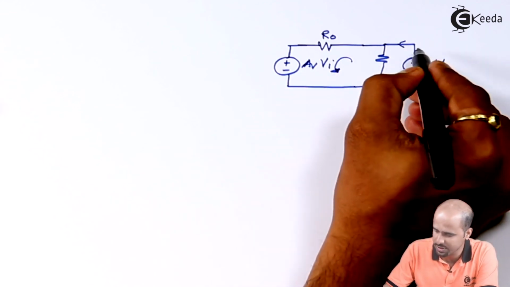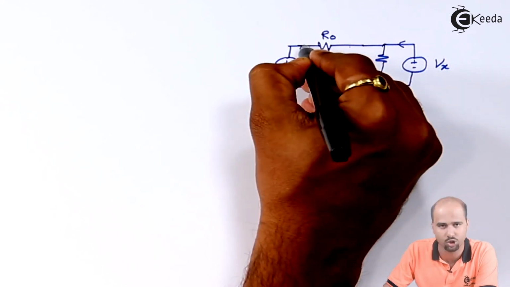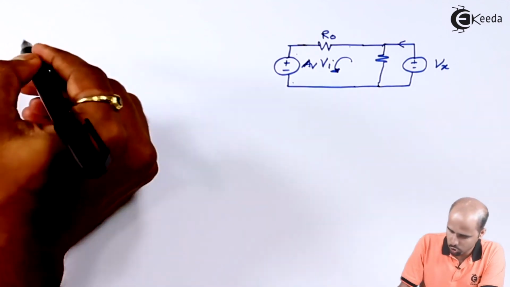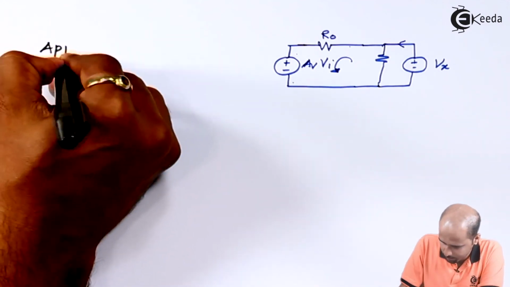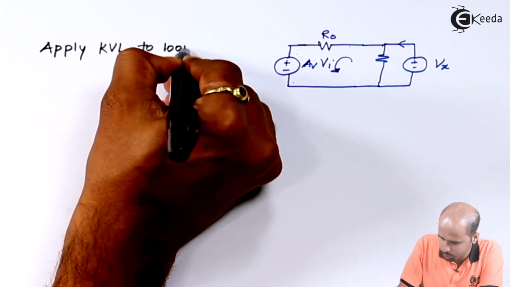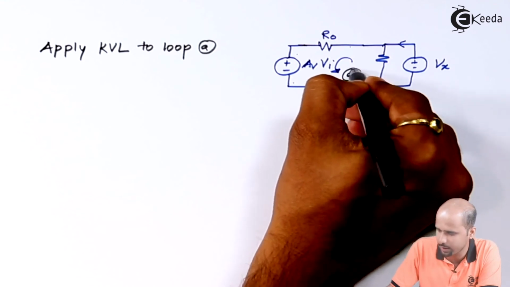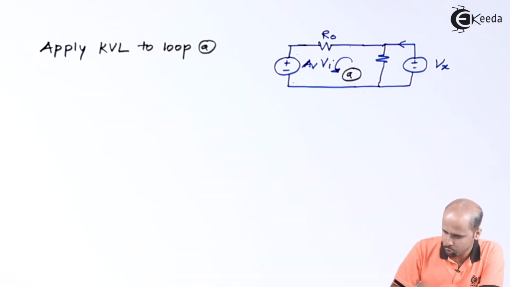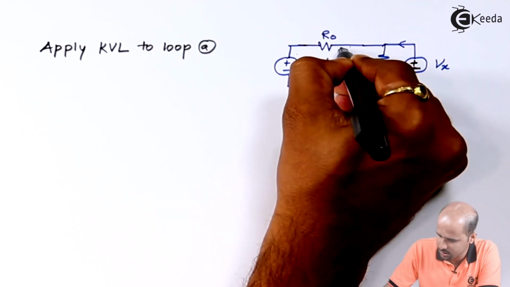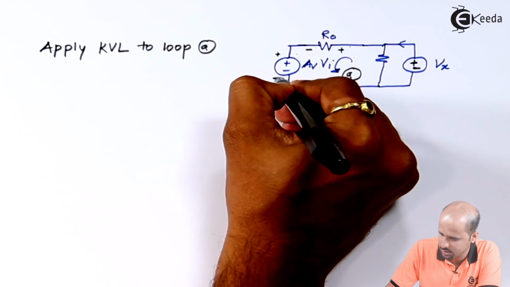What I'm saying is that this voltage drop plus this voltage drop plus this voltage drop is equal to 0. So what we will do, apply KVL to loop A. We have named it as loop A. So we can say that this is plus, this is minus, this is plus, this is minus, and this is plus, this is minus.